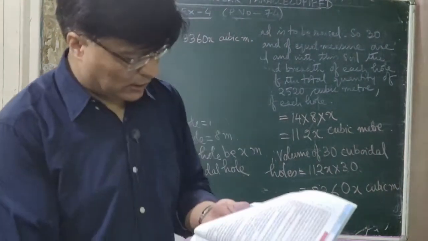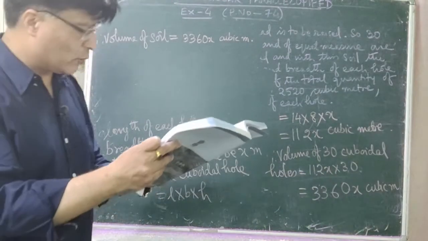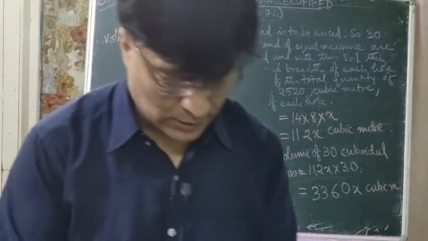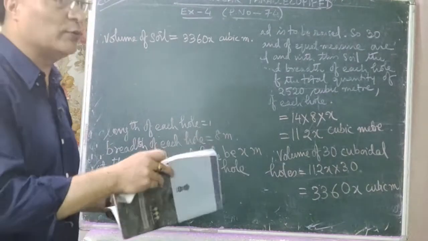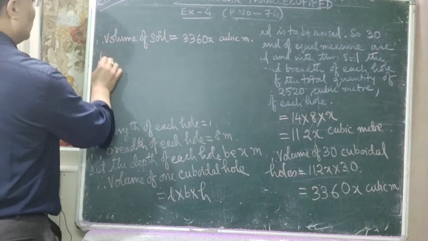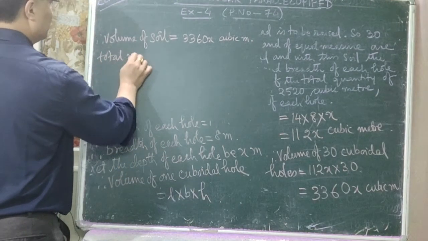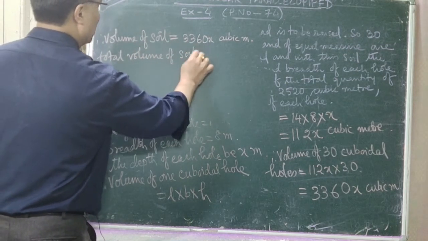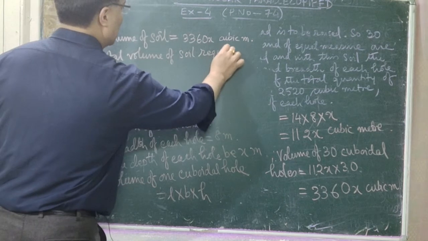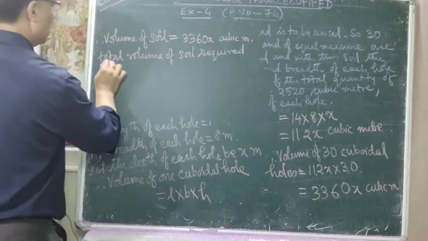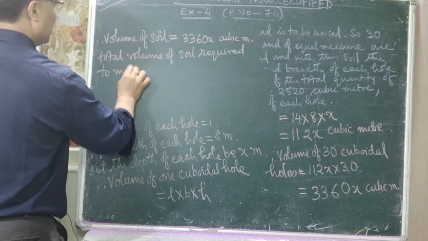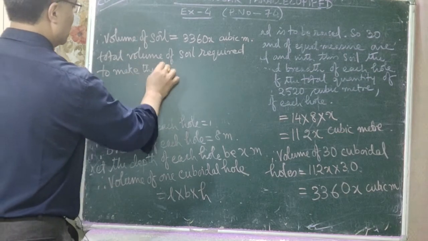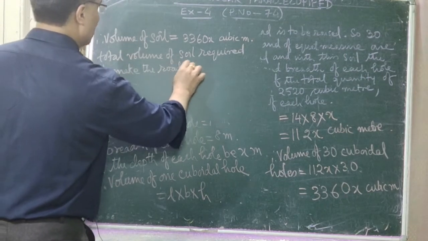तर question ले हामीलाई कति दिएको छ? The total quantity of soil required to make the road, that is 2520 cubic meter. That is total volume of soil required to make the road is equal to how much?